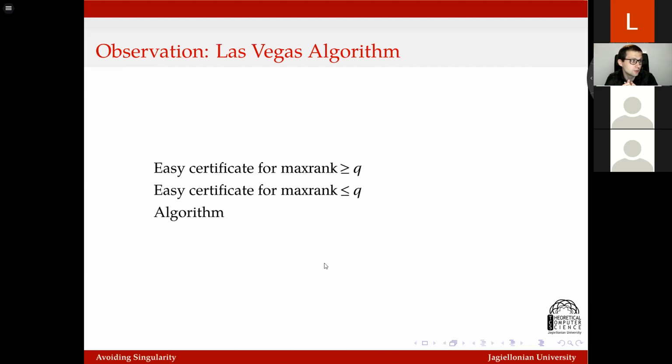So you will get both a choice of the values for free entries and this submatrix of low rank that prove both inequalities, and you get a Las Vegas algorithm for maximum rank.